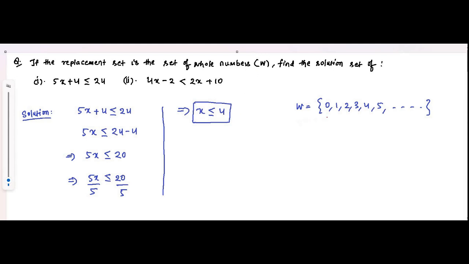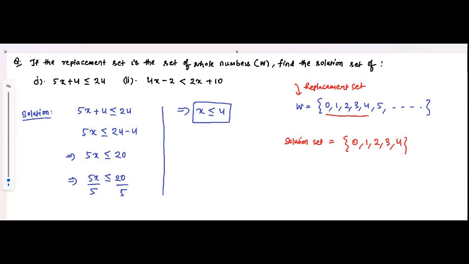So starting from 0 up to 4, this will be the solution set. So the solution set is 0, 1, 2, 3, 4. This is the solution set. This is the replacement set. The first one is done.